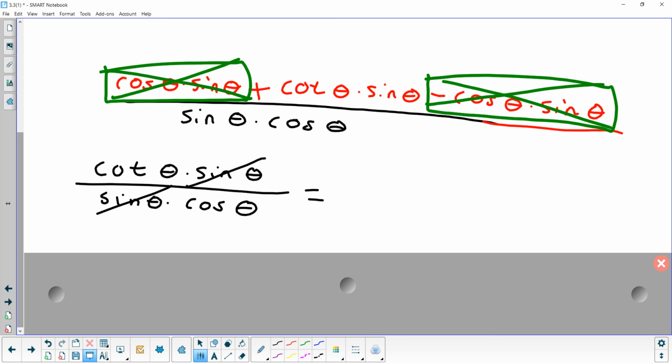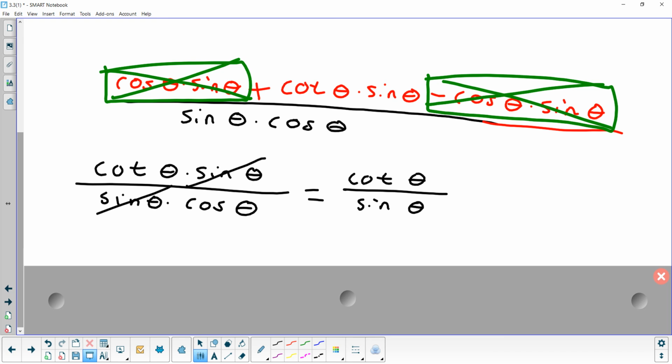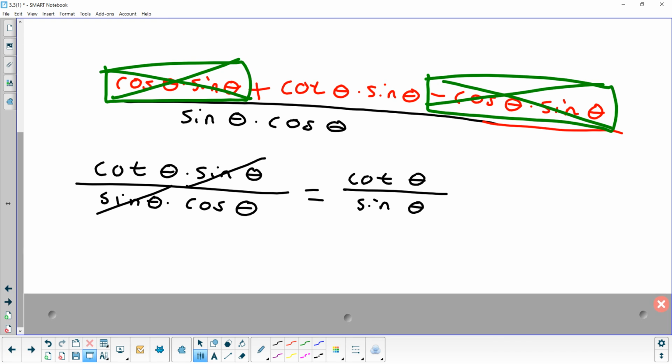Now we have cotangent over cosine. We had a problem like that earlier. What do you think we want to do with cotangent? Yep. Wait, isn't it cotangent over cosine? Yes, thanks. We cancel these out. That's important.